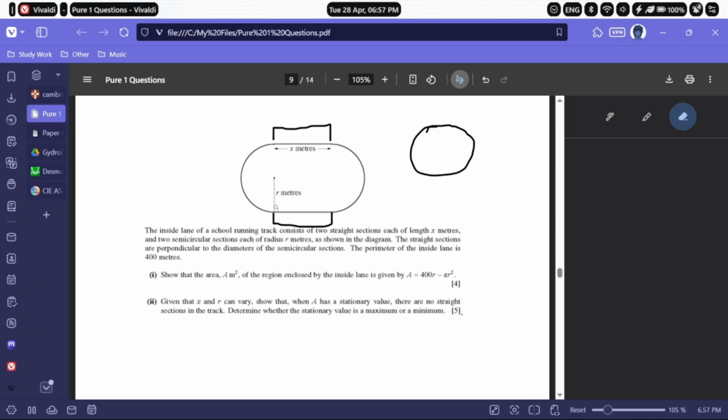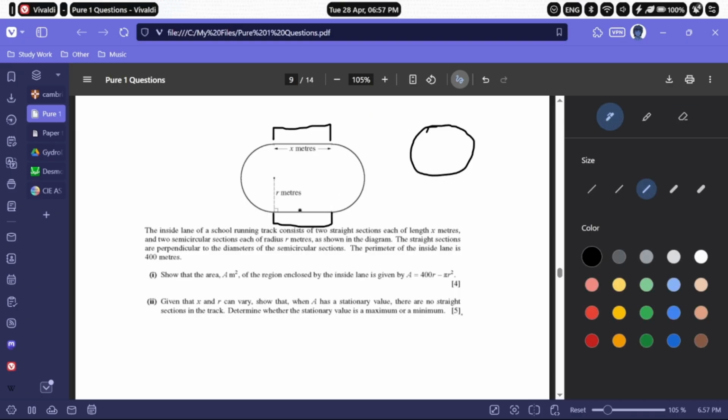So, how do you find out the area? Well, you can think about this thing over here as just being a rectangle, right? At least for the straight part, where the height would be 2r and the width would be x meters. So it's the area of the rectangle plus the area of one complete circle.